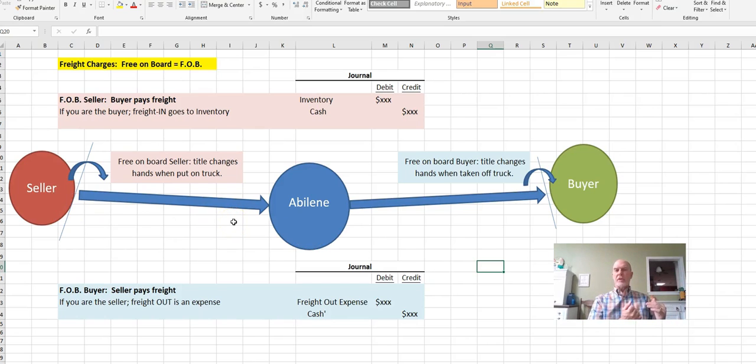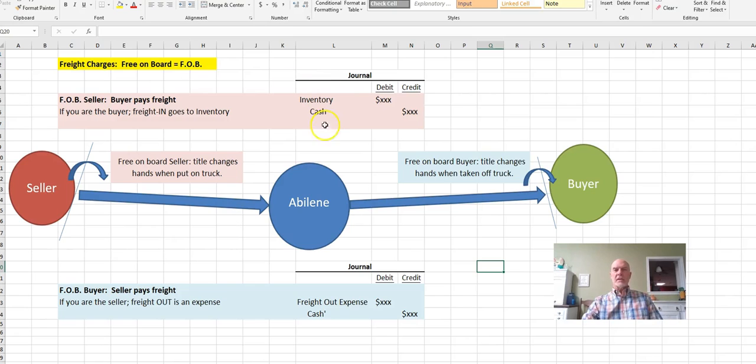So we would call that freight on incoming product. And just remember that if you have to pay freight in, when you're buying product, freight in, IN, is debited to the inventory account. In other words, the cost of that inventory is simply increased by the cost of that freight. And that makes sense.